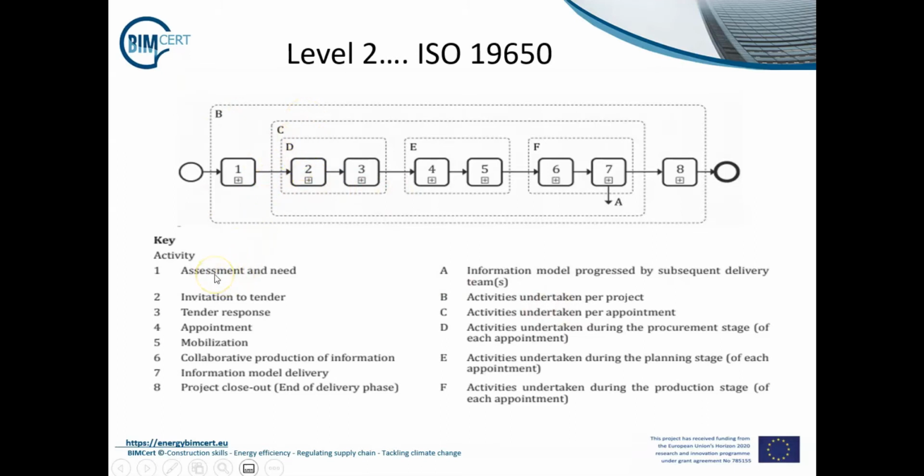The activities, as we can see down here, are assessment of need, invitation to tender, tender response, appointment, mobilization, collaborative production of information, information model delivery, then finally project closeout. Within each of these activities, there are a number of important milestones that must be achieved. This lesson will look at some of these in a bit more detail.